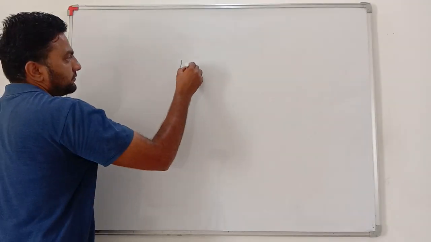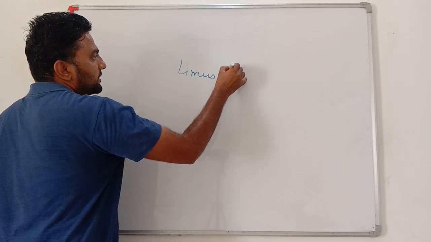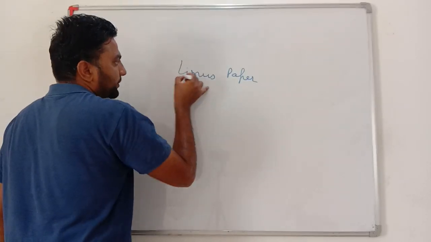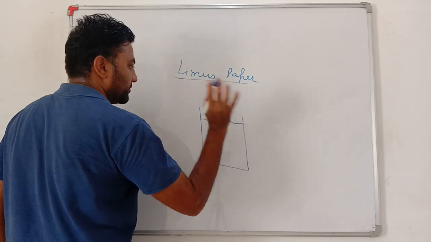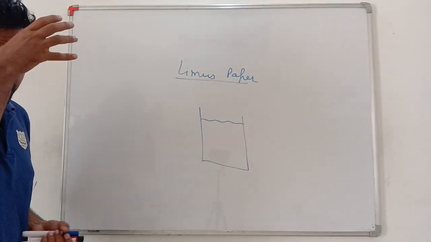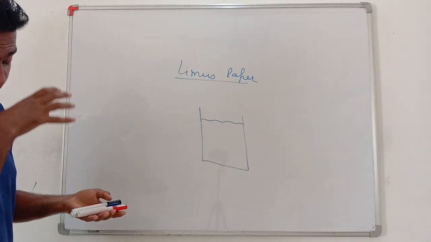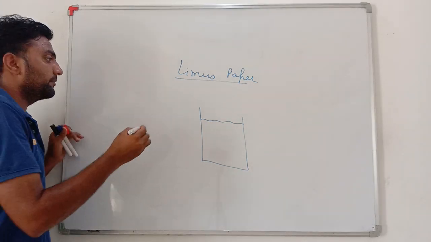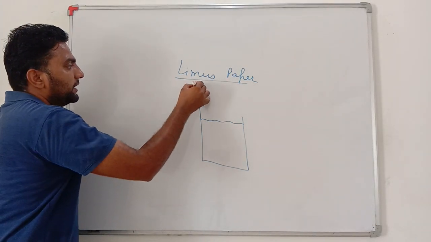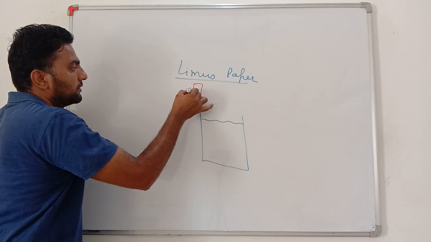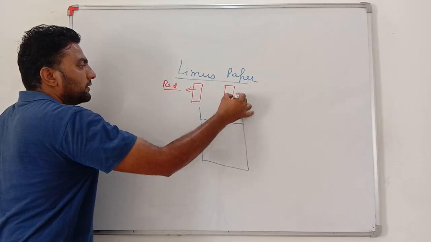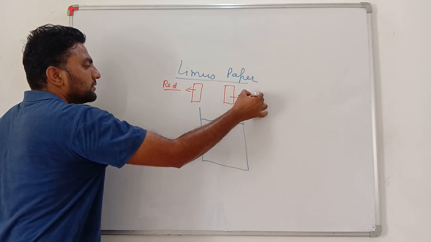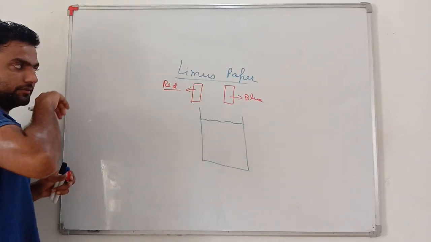If we take litmus paper, see my dear student, this is any solution. I want to find out whether it is acidic or basic in nature. Litmus paper is present in two colors. One is red in color, another one is blue in color.